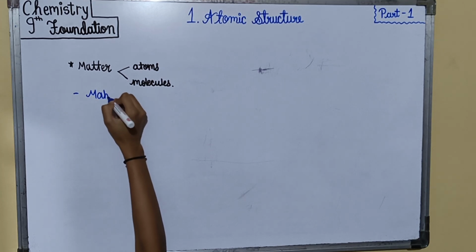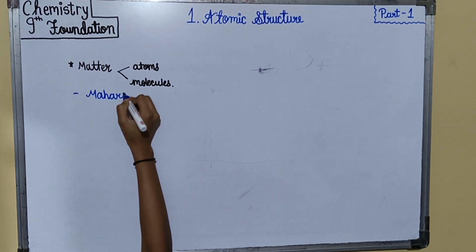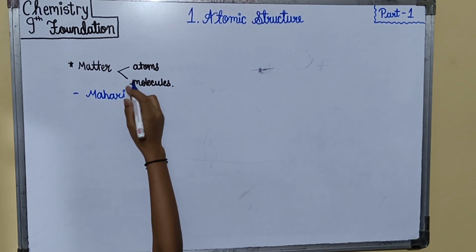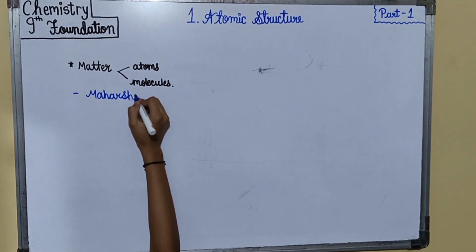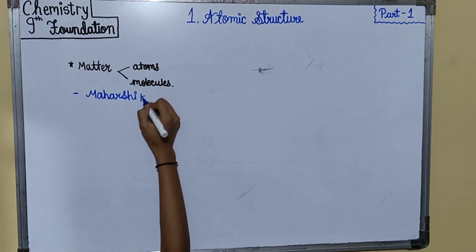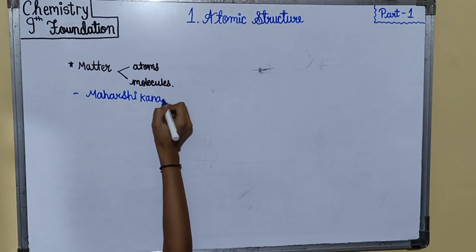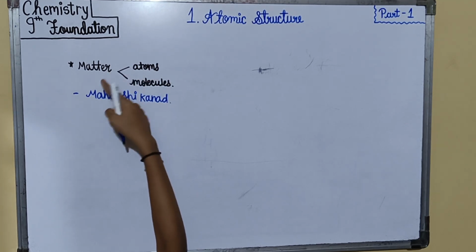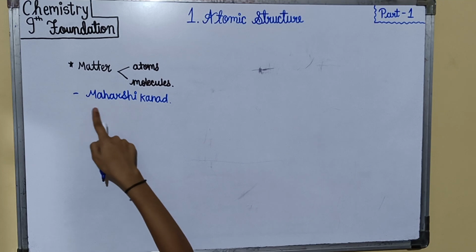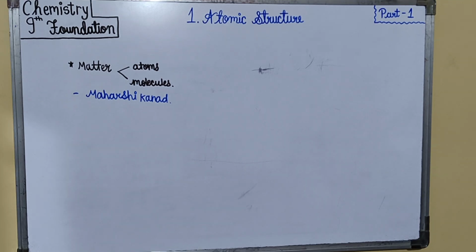The tiniest part of matter is the atom, so Maharishi Kanad had the idea of the tiniest unit of matter.